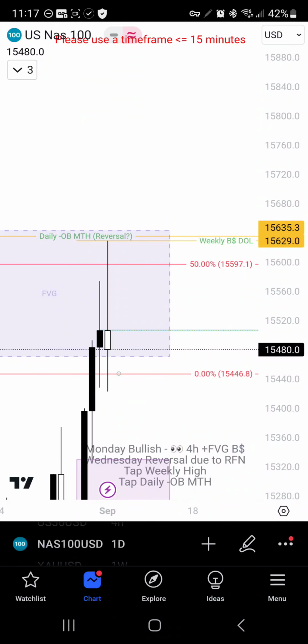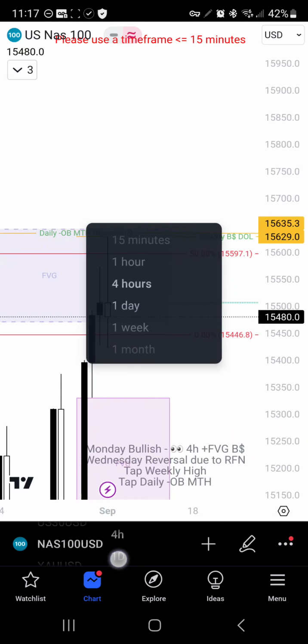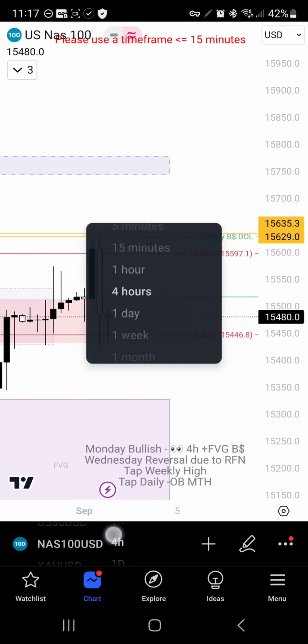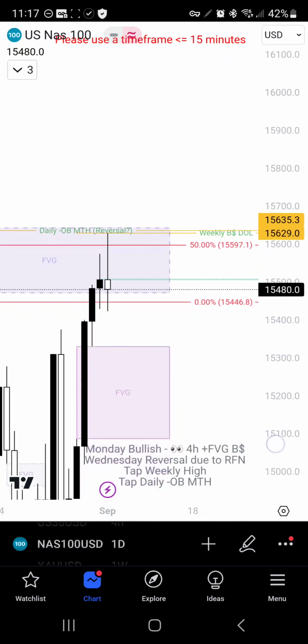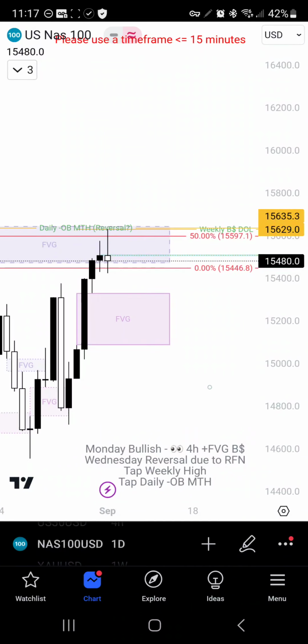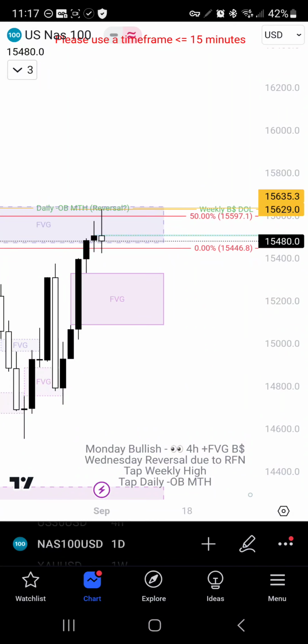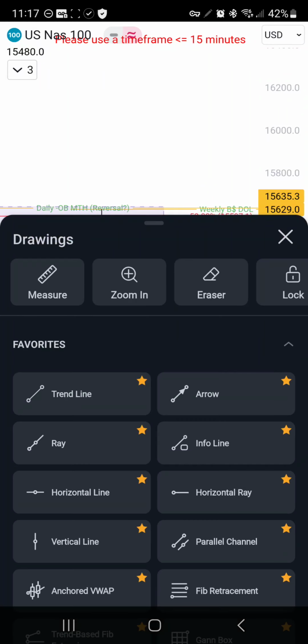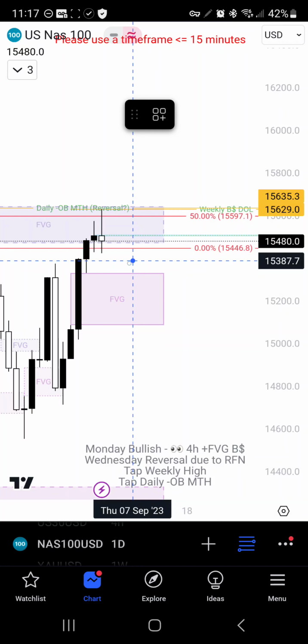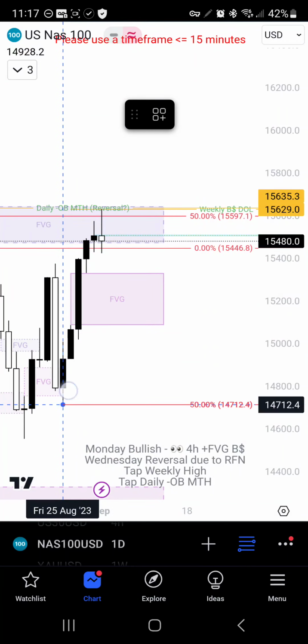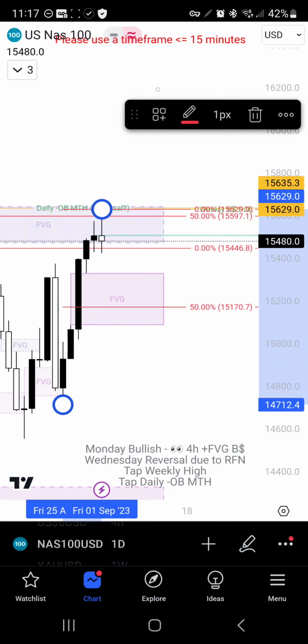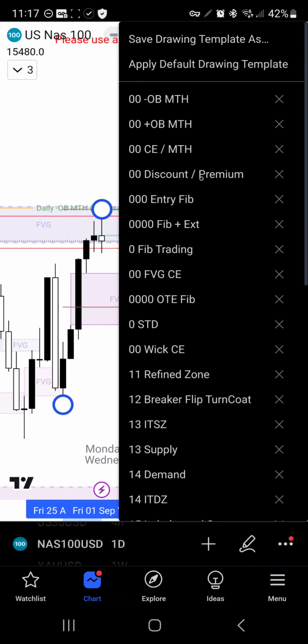I don't think we're going to go lower, because we swept Thursday's low and closed above it. I'm expecting it to go up. So I want to look for a discount PD array for the market to pull back into to take me higher.